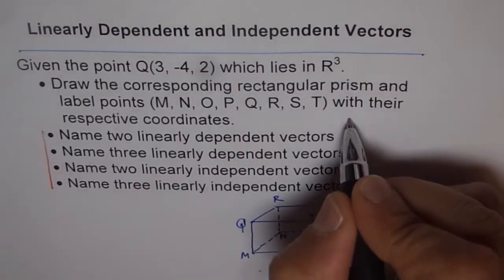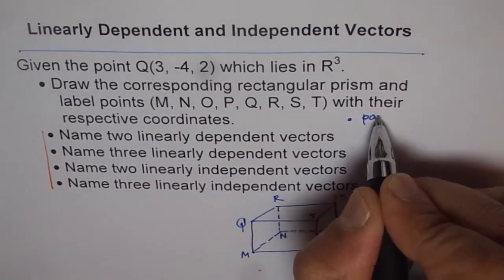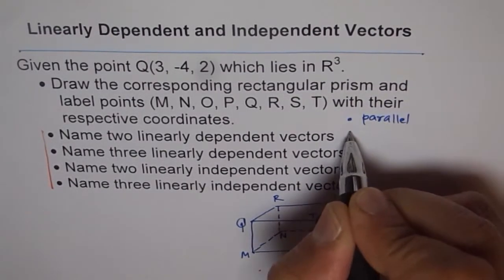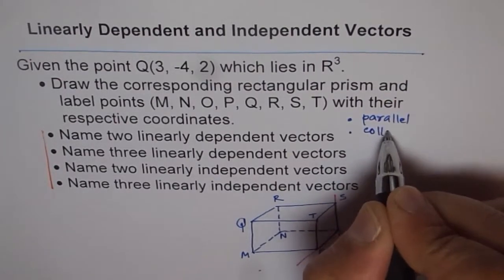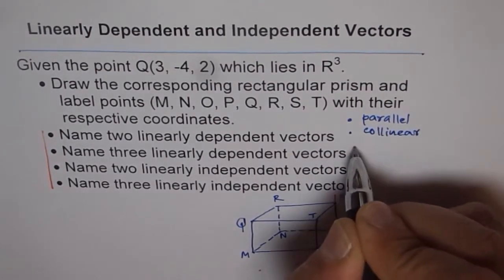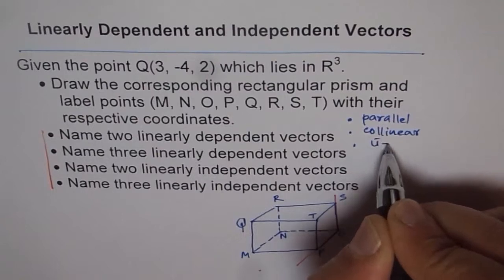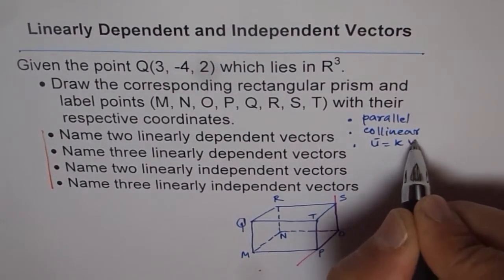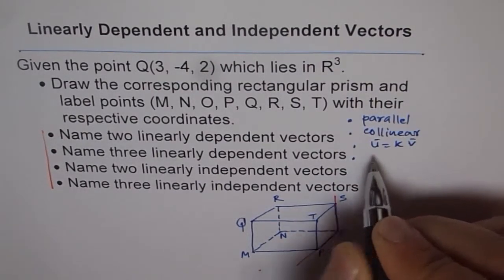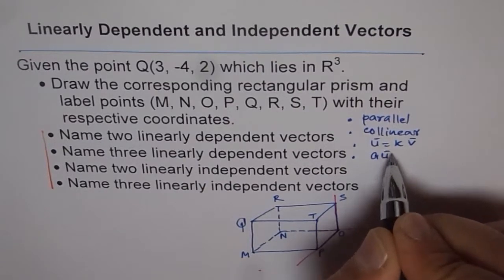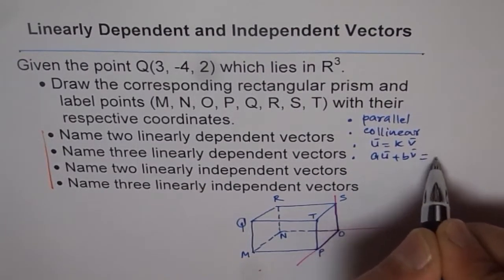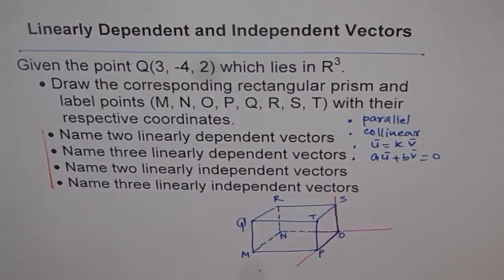Linearly dependent means parallel, collinear, scalar multiples of each other, and the linear combination is 0, that means au plus bv equals 0. If you prove any one of these, then they are linearly dependent.